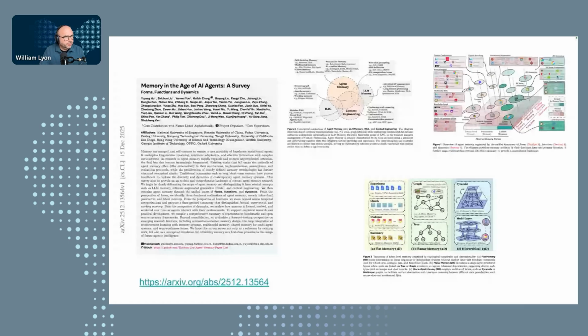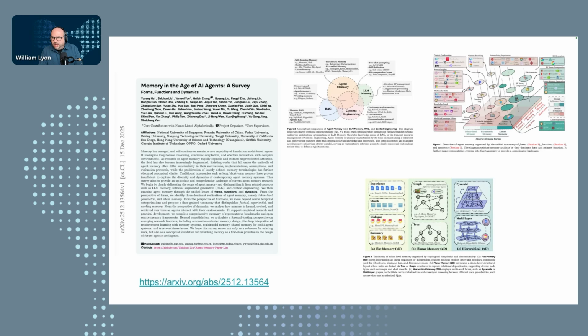I want to leave you with what was my favorite paper from last year. This came out at just the end of last year. And this was kind of a survey of memory in the age of AI agents. And I think it does a really good job of presenting a few different ways to slice up the memory landscape based on the form, function, or dynamics of the memory system.